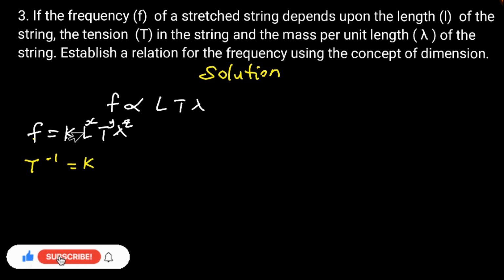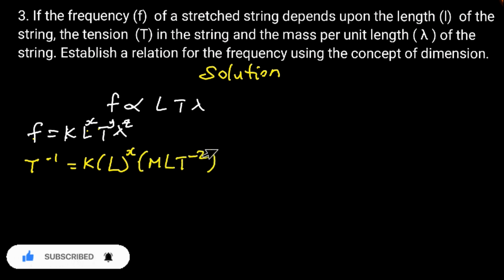Now this is length. The dimension of length is simply L. So we have L raised to the power x, then multiplied by the dimension of tension, and as we all know, tension has the same dimension as force, which is M L T raised to the power negative 2.